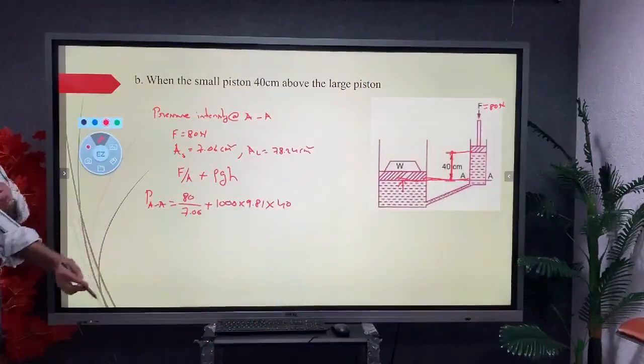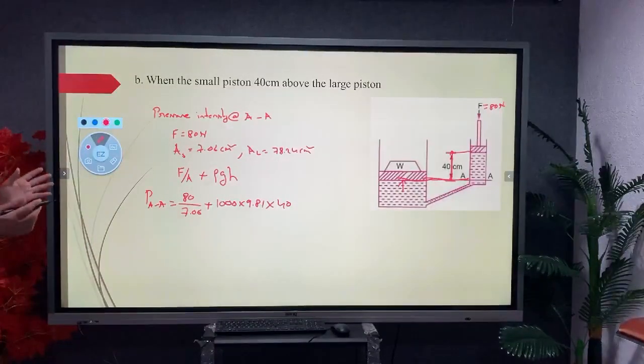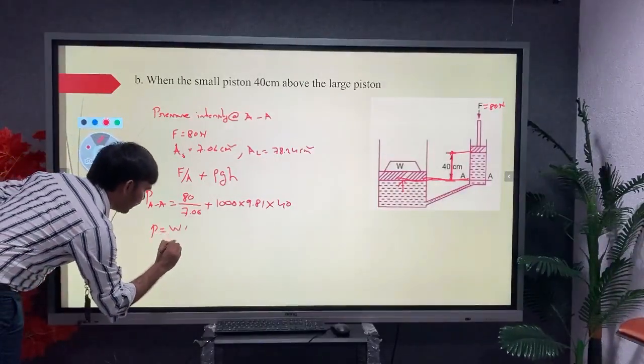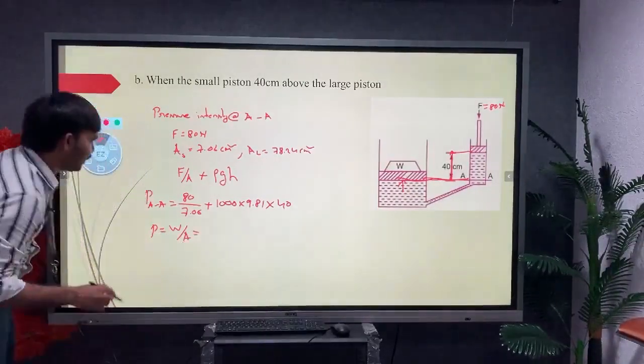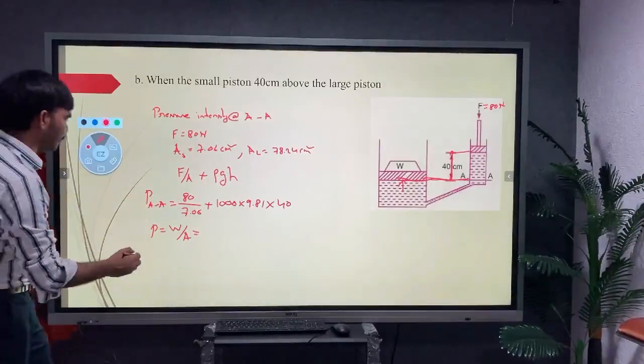So what is the pressure at the large piston? Pressure is equal to weight by area. We need to find out the weight, and the pressure we know, right? The same pressure will be here.